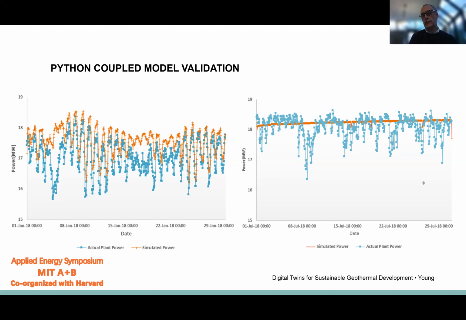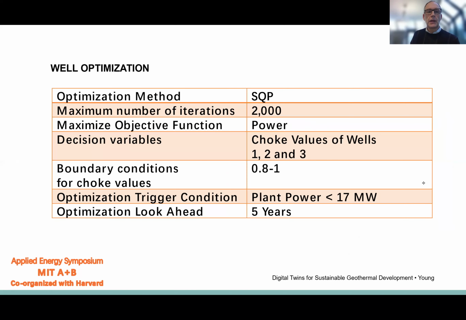But you can see here, we're still modeling the general trend of the actual power output, which is really what we were wanting for this particular model. Because what we wanted to do is look at use of this model for well optimization, and doing an optimization look ahead over time, years into the future.